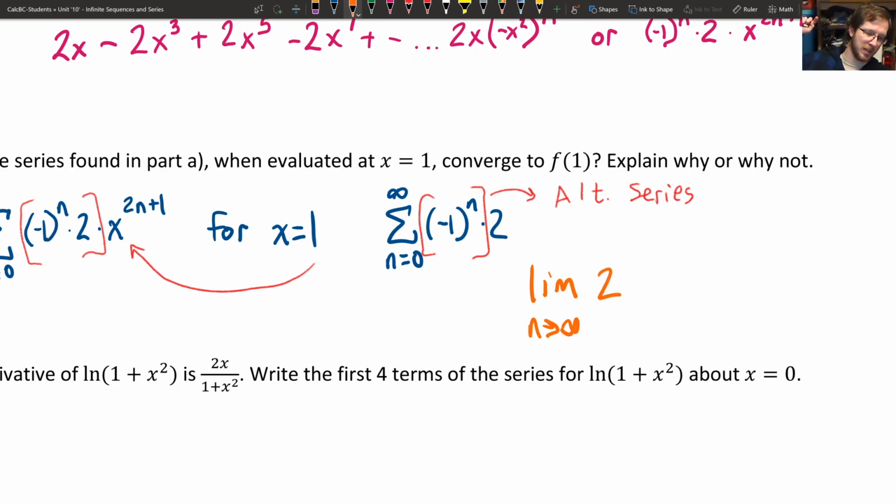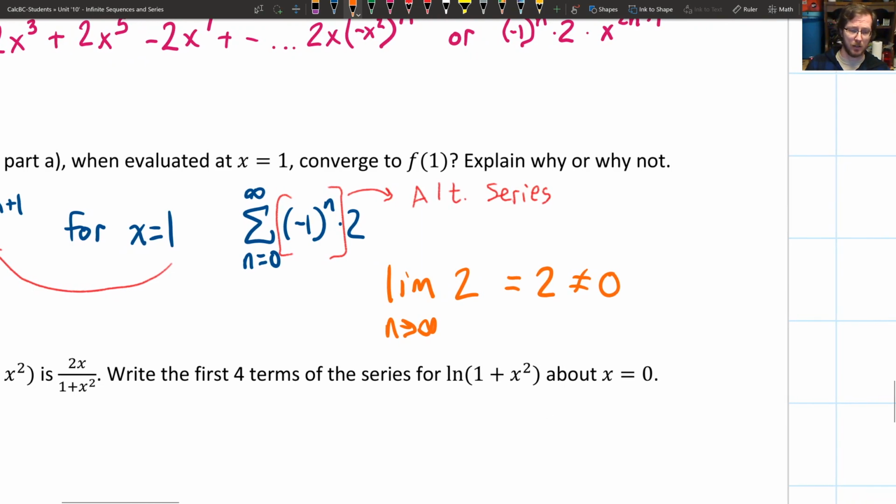So the limit as n approaches infinity of 2, well, there's nowhere to plug in an n, so that just equals 2. That does not equal 0. So we can't technically show that it's converging by alternating series. So this is essentially the nth term rule. So boom, this is going to diverge if we keep adding 2's. Then it diverges by nth term test.